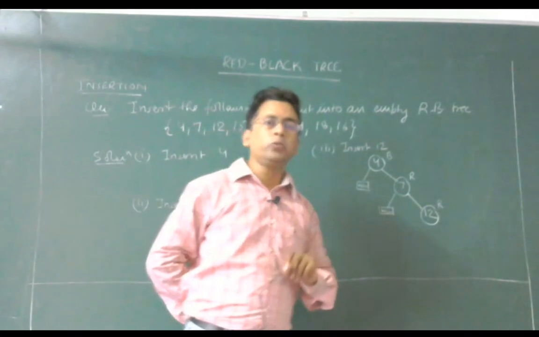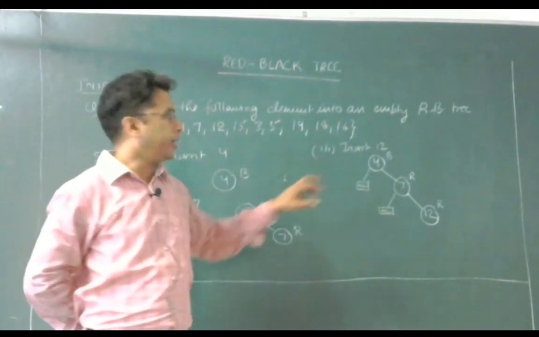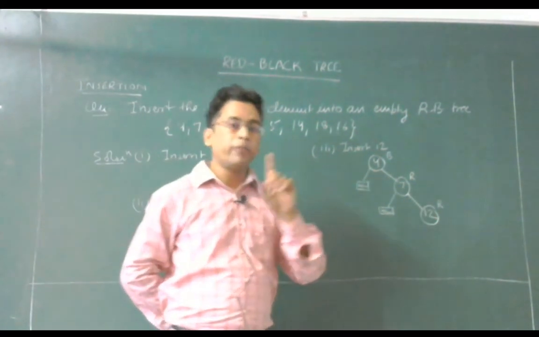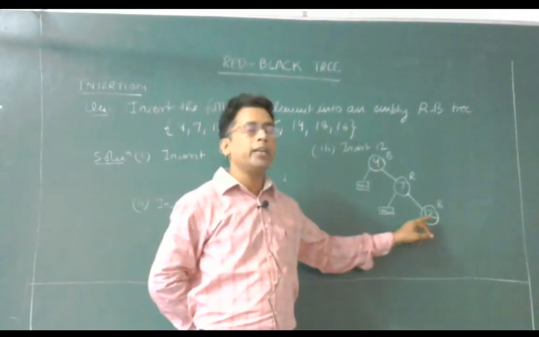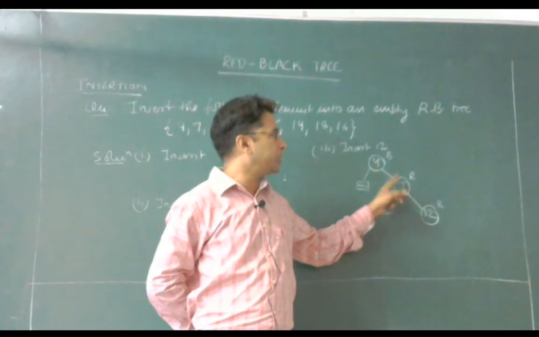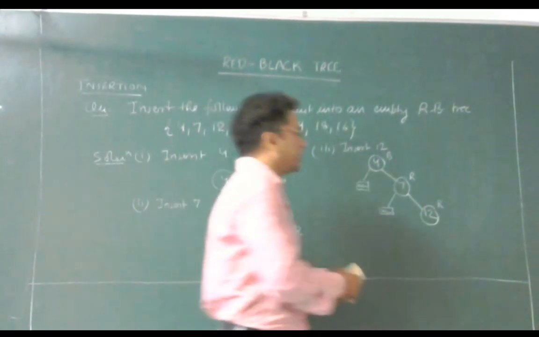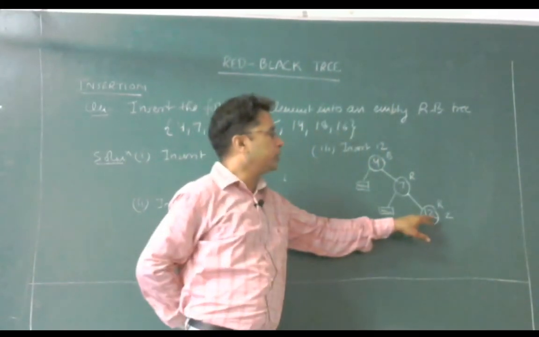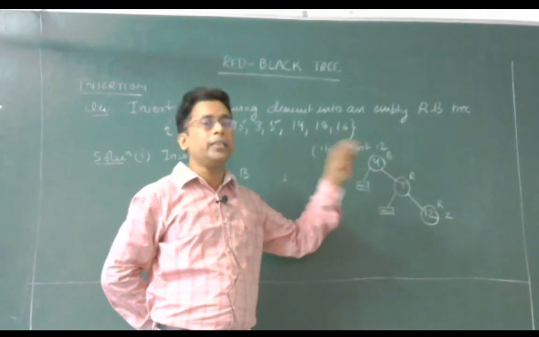I have told you that case 2 for this will come under case 3. Because when the parent is the left child of the grandparent, then for the right child you go for case 2. But when the parent is the right child of the grandparent, this will be considered as the Z node, and the newly inserted node is also a right child, then it goes for case 3 dash.